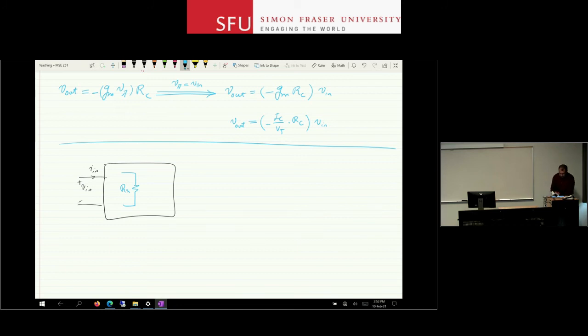And then at the output, again, you can simplify all the stuff with the input signal attached to a voltage source and a resistor. So this is what I see when I look back. I see R out. When I look in, I see R in terms of the resistance, right?